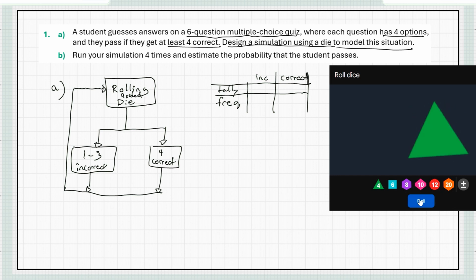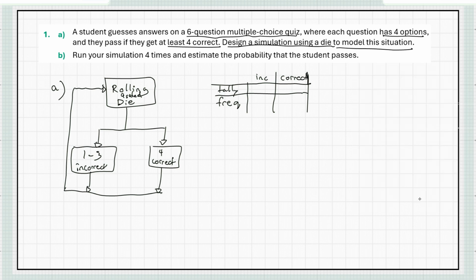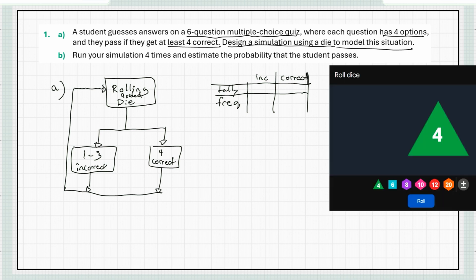Our first attempt, we got a 4. So on our first go of guessing on this test, we've gained 1. Then let's roll it again, and we failed once.